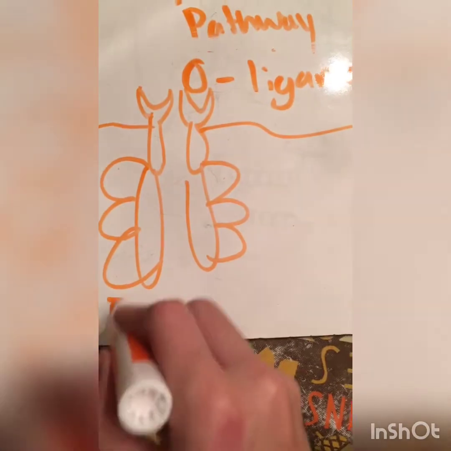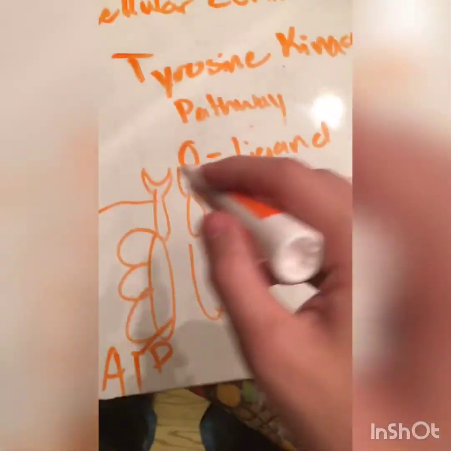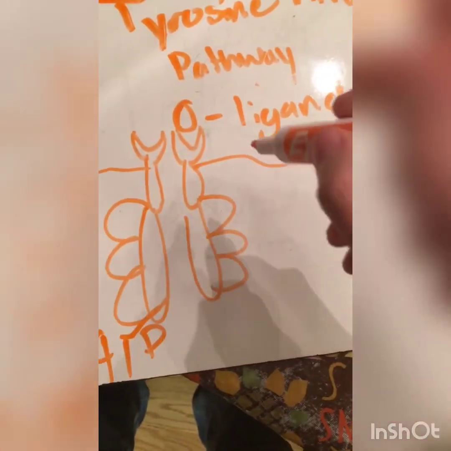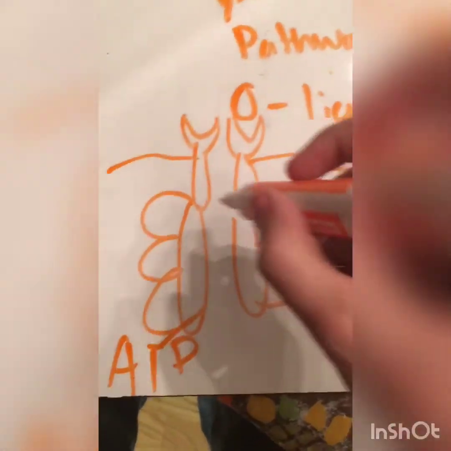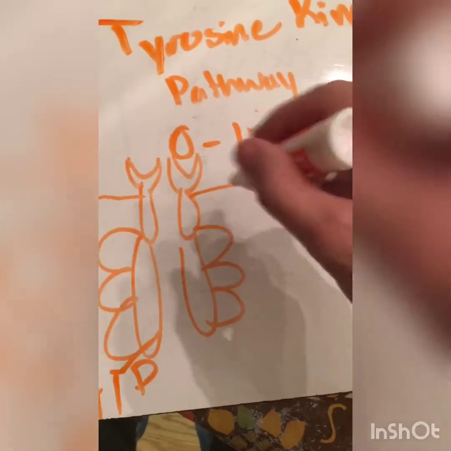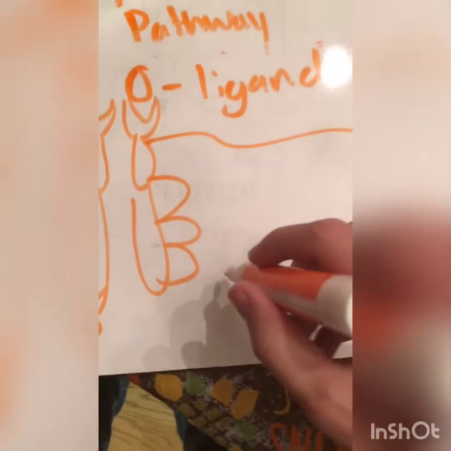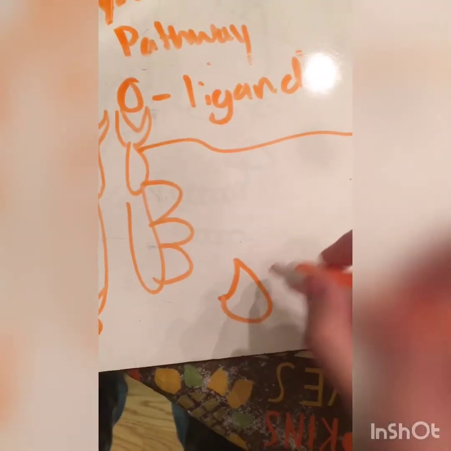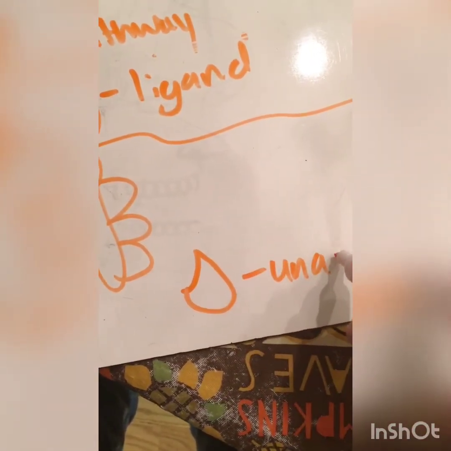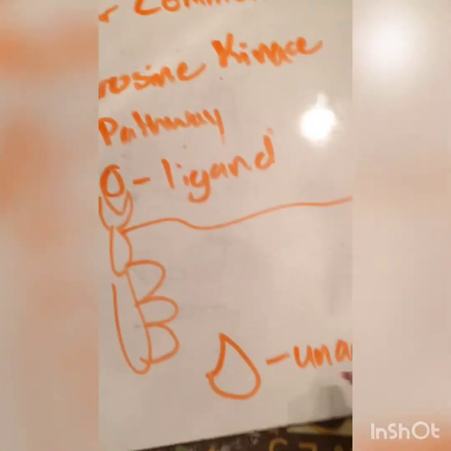What then happens is ATP is used to power this protein, and these little humps, or little bumps that are on the sides, are like charging stations or activating stations. They activate these unactivated enzymes, or not enzymes, but proteins.